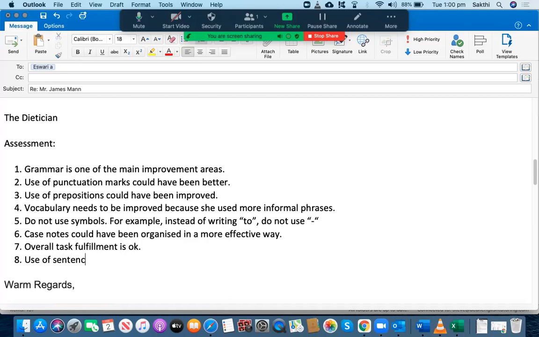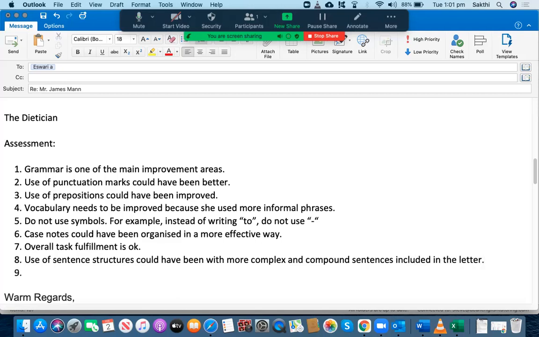Use of sentence structures could have been better. The more complex and compound sentences included in the letter.